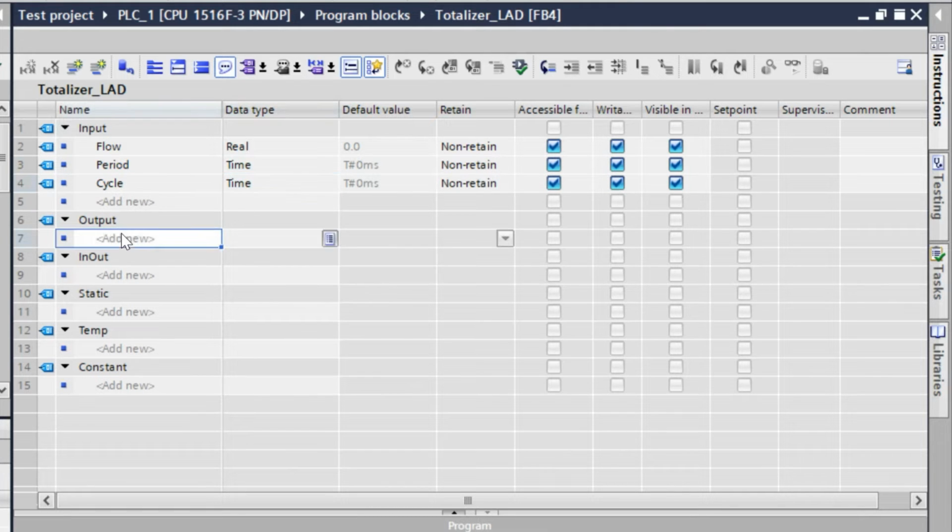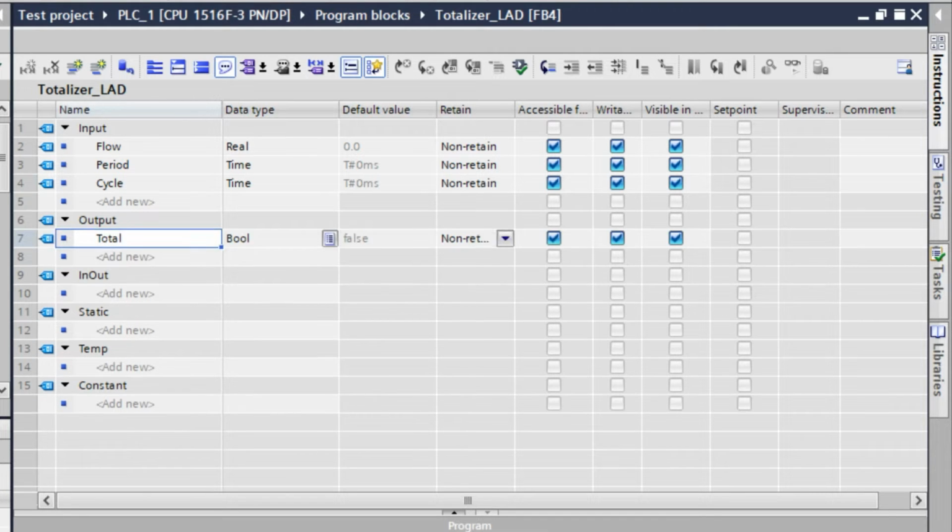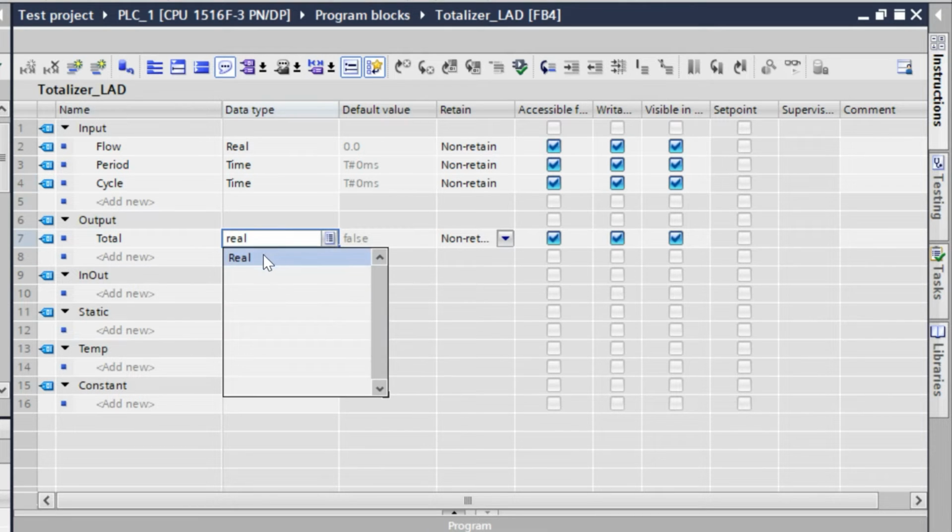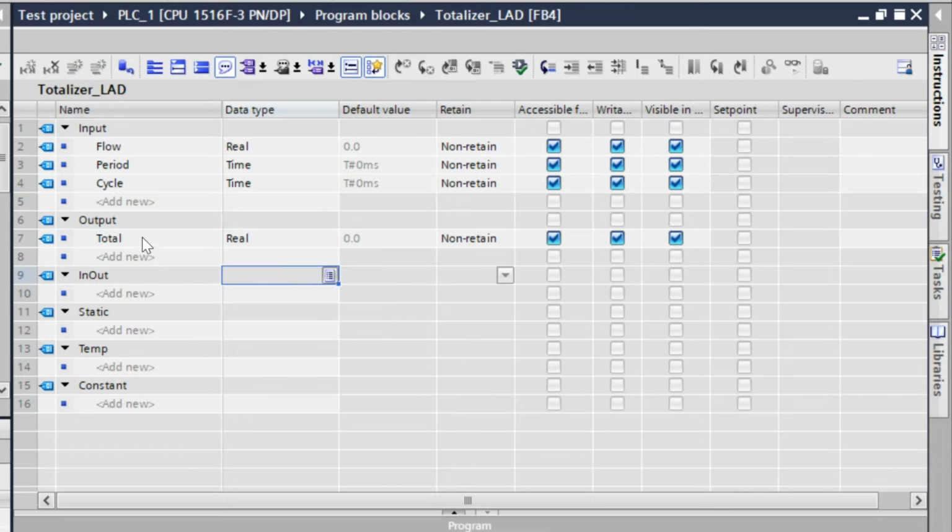And our output we call total value, the total material flow or liquid flow, and that is also real. Here you can see that our output is real, but the inputs are real and time.